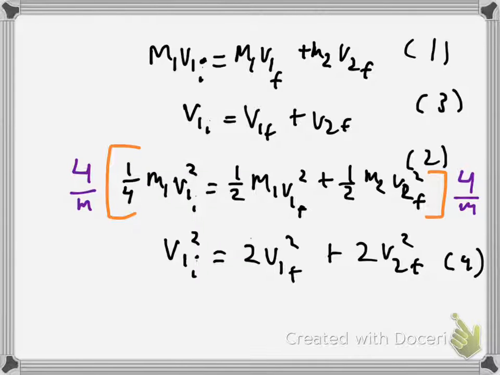I just rewrote the momentum equation here. This is all from momentum, and all of the masses cancel out because they are equal mass. So we have V1 initial equal to the sum of V1F and V2F.